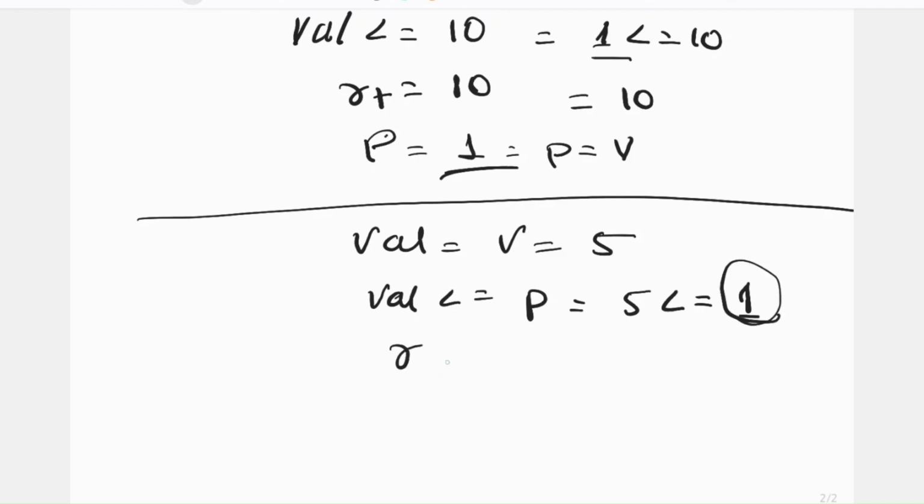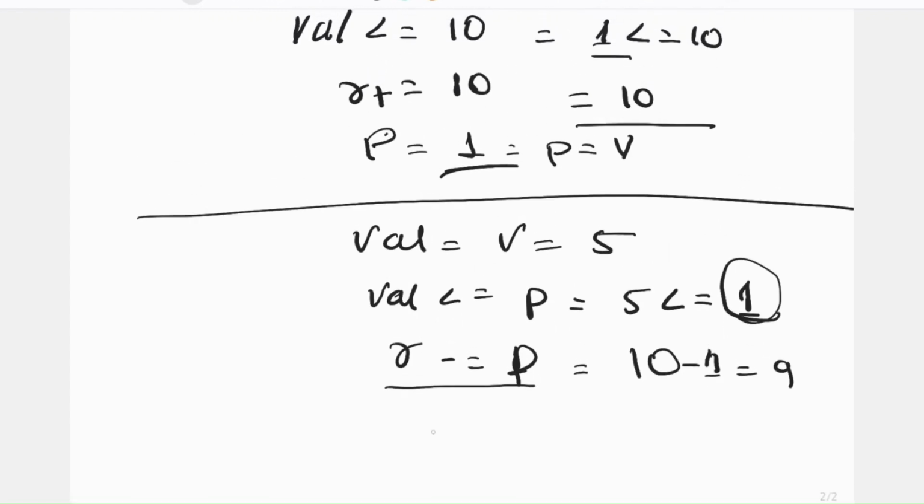So r minus equal to p, which is 1. My current value of r is 10, so 10 minus 1 is equal to 9, right? Now we assign p the current value. Current value is 5.